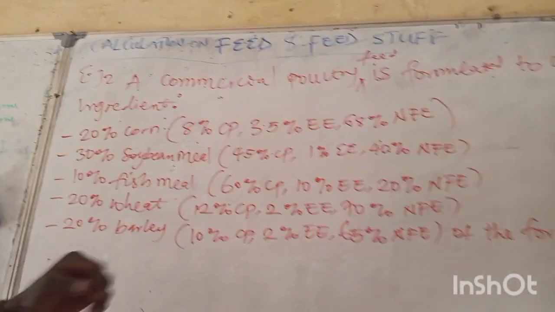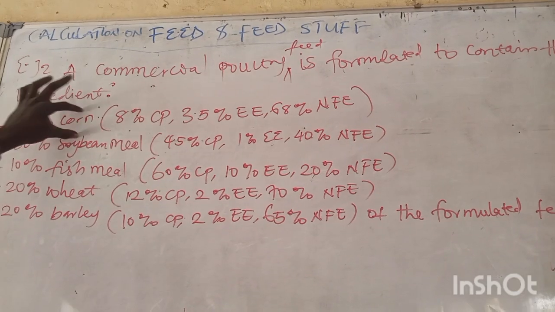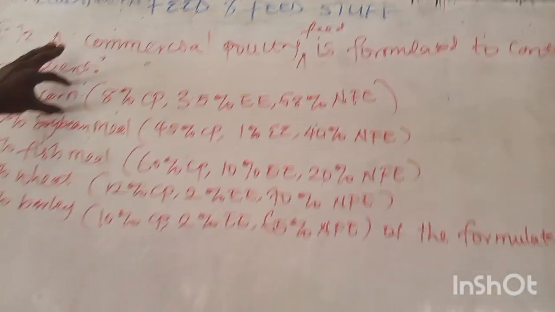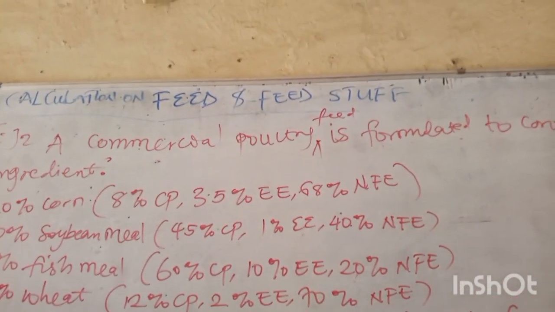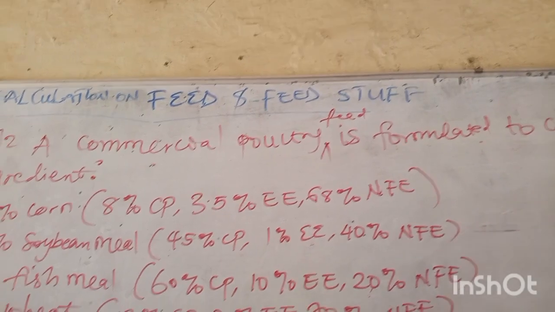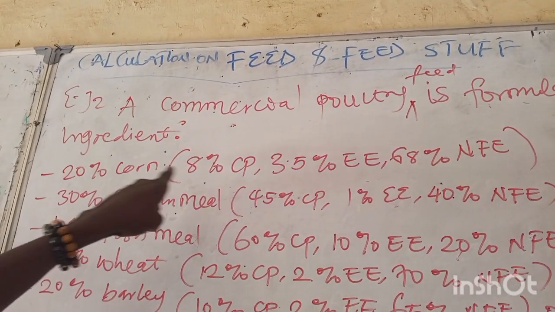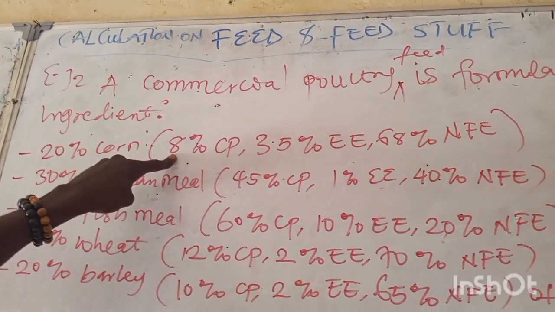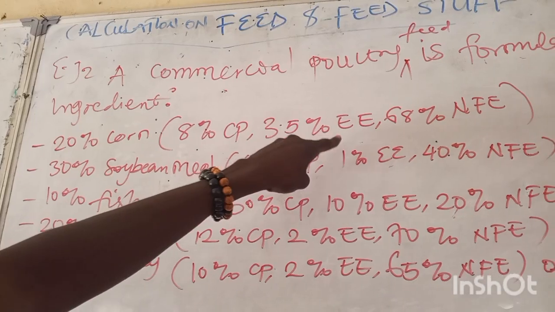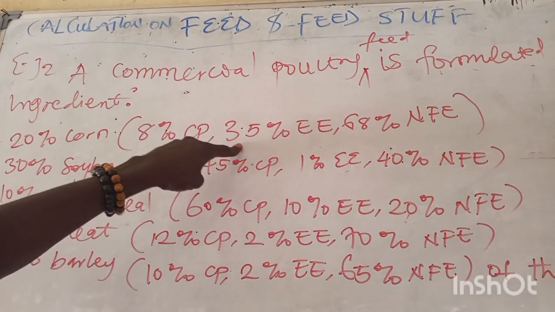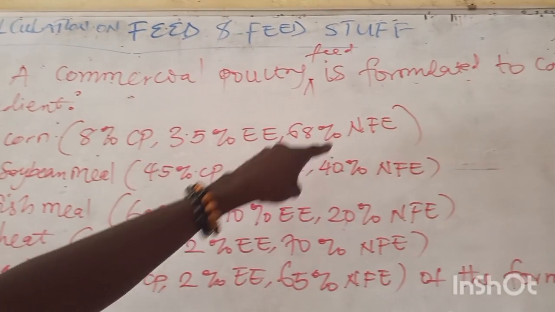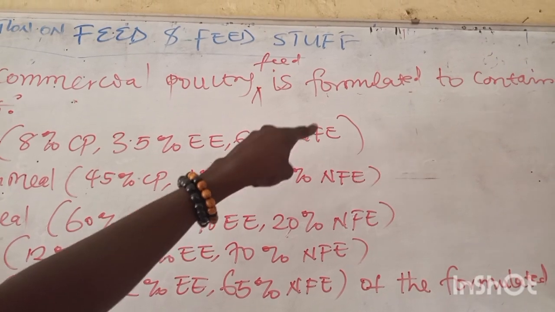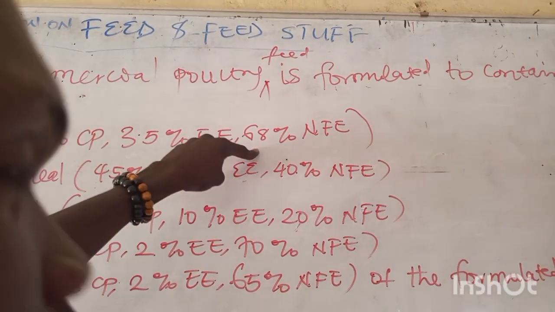Now, in the corn they use, after the lab analysis, they came to know that the CP of that corn is 8%. The ether extract of that corn is 3.5. And the NFE, that is the nitrogen-free extract of the corn, is 68%. Coming down here, we have the soya meal.